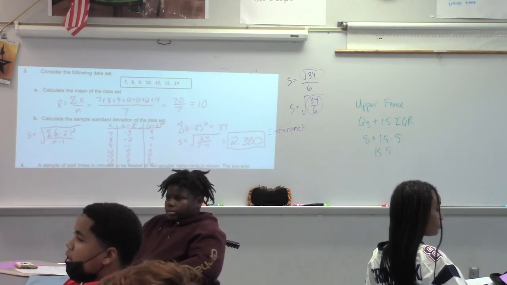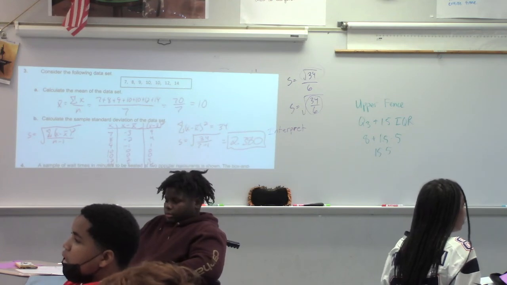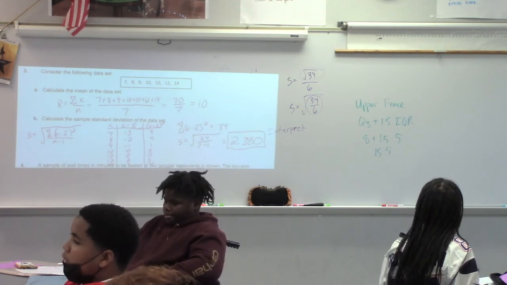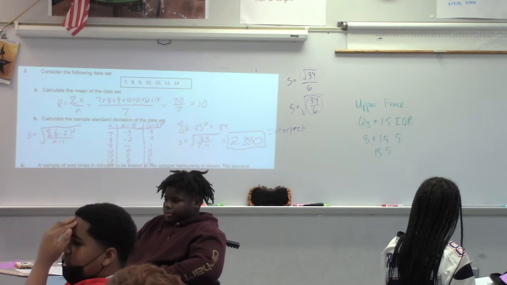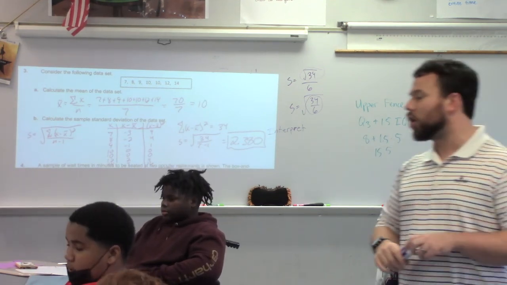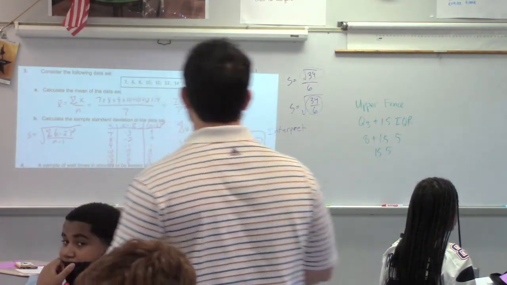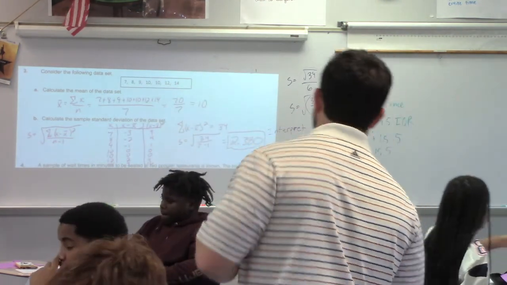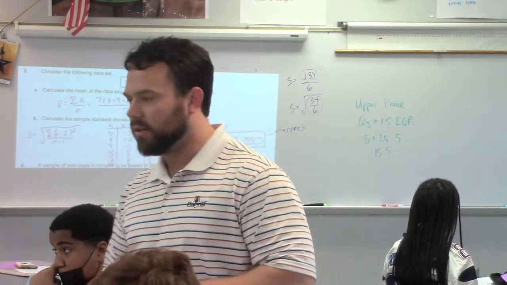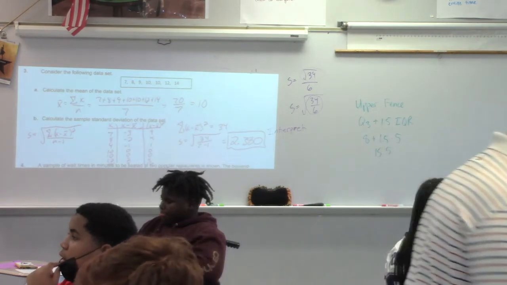Did y'all come up with just a deviation? I asked you to interpret what the standard deviation is. Guys, if y'all are struggling with interpreting the standard deviation, you might need to go look through your notes about what the definition of standard deviation is. The interpretation is based on the definition.